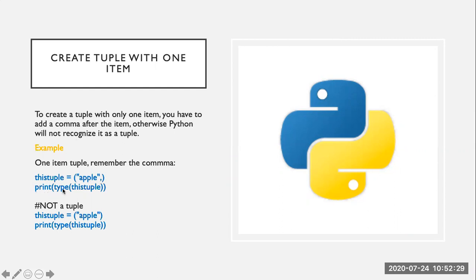When we print the type of this, it says it is a tuple. If we add the item without the comma and check the type, it will not recognize it as a tuple. So remember that we always have to add the comma after the item if we are creating a tuple with only one item.